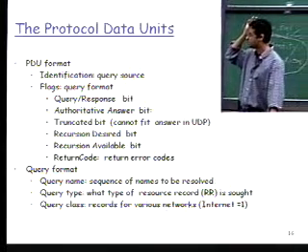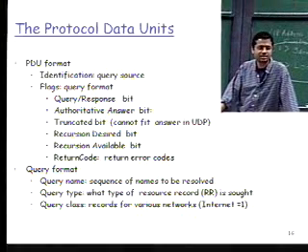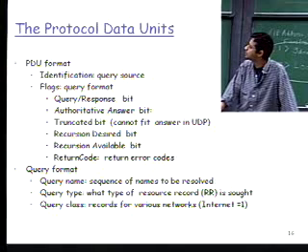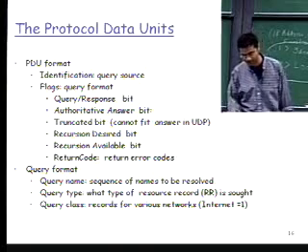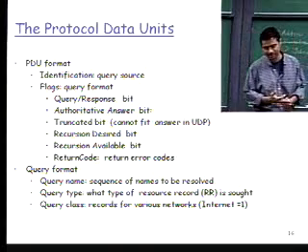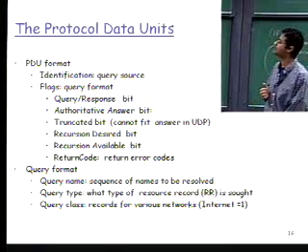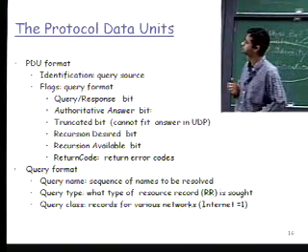Protocol data unit. So what does the data unit of this DNS protocol look like? Well, it has different portions to the PDU. Every application layer protocol, or every protocol that we'll see in every layer, will have what is called a PDU, or a protocol data unit, and they'll have their own format.